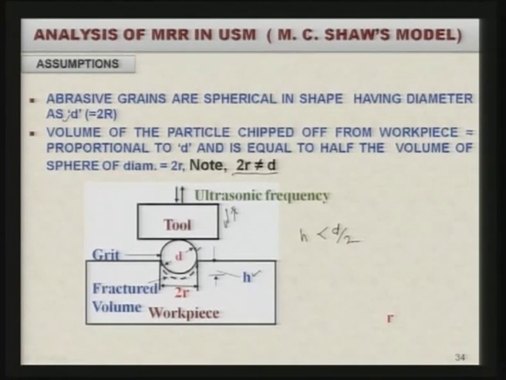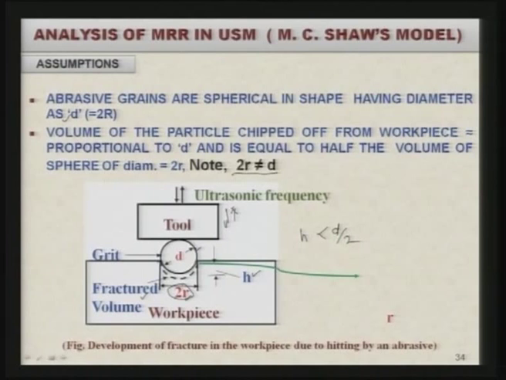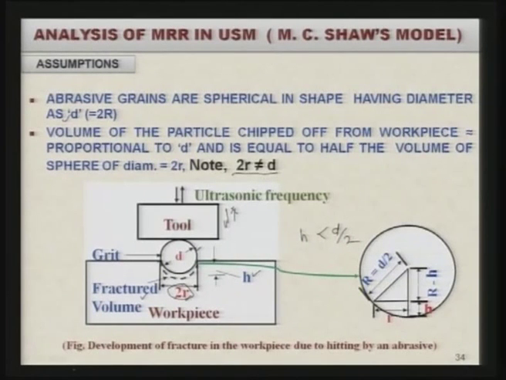Now, whatever this width is, that is taken as spherical or 2R, and it is assumed that if we draw a sphere of this diameter equal to 2R, then half of that volume will give you the amount of material removed, and that is shown over here as the fractured volume. If you see the enlarged view of this, it is very clear over here.